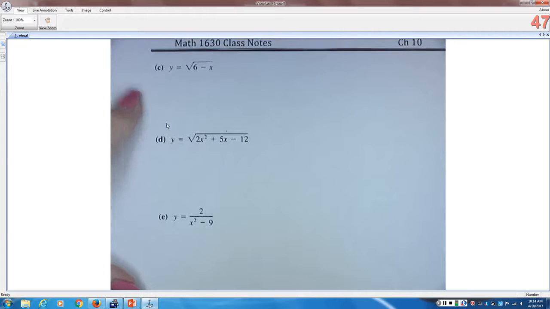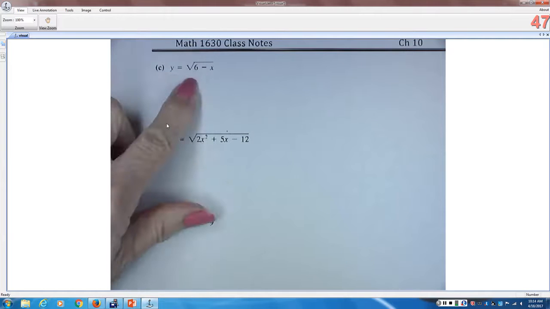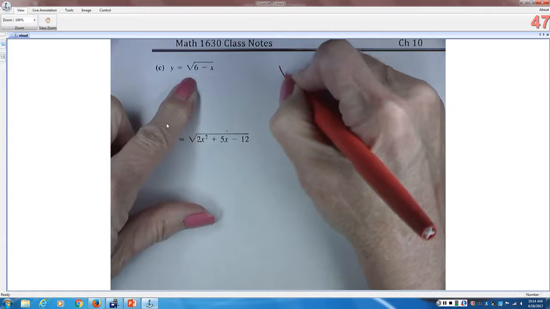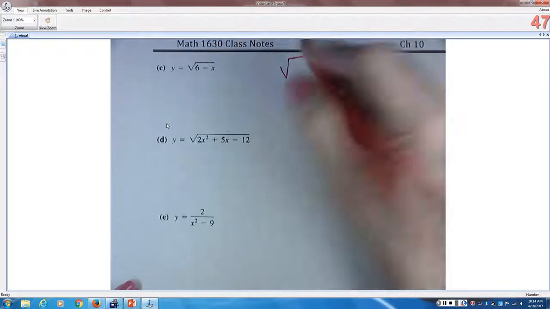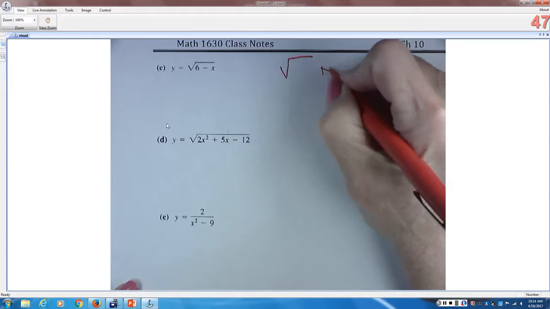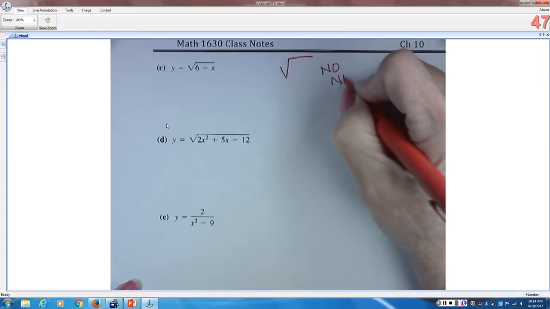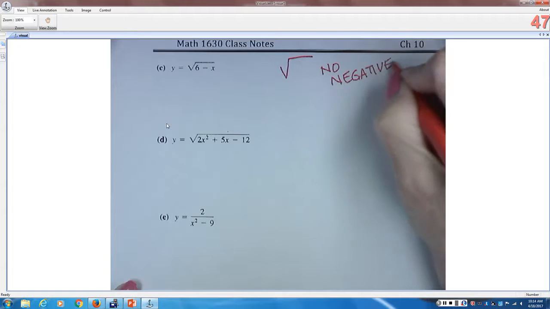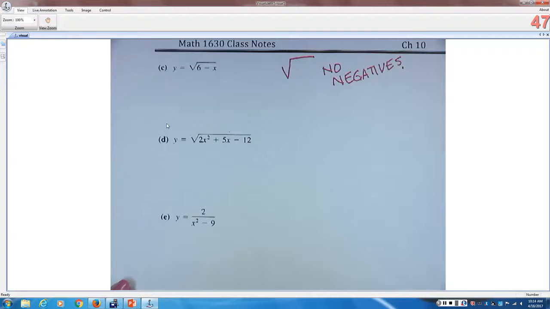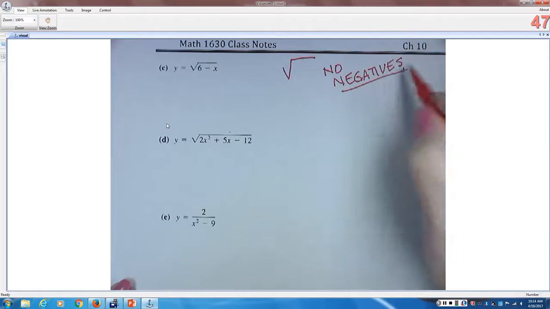So here we've got y equals the square root of 6 minus x. What kind of numbers can we not do that to? Negative numbers. So if it's no negatives, can we put 0 under there?